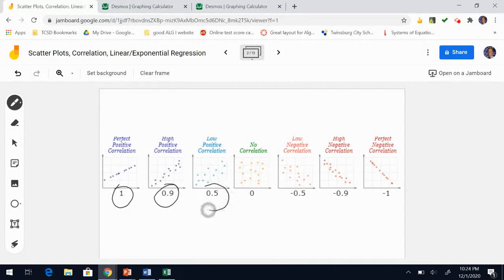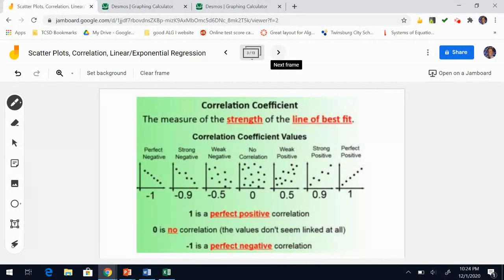The other thing we're going to focus on are these numbers down here, 1.9, 0.50. We're going to get to that, the R value, in a second, all right? So the correlation coefficient is the measure of the strength of a line of best fit. What we're saying is we are trying to get information and put a line between as many points, or kind of where those points lie, okay? So this is a really good, perfect negative correlation.